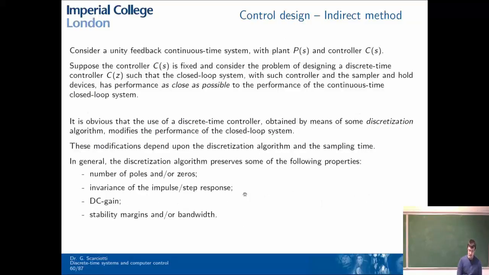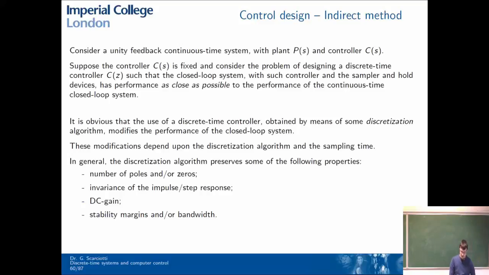So we have to consider obviously that by doing a discretization there will be approximations, and in general these properties are not preserved, okay? So we have to study different types of discretization algorithms, because depending on the algorithm, some of these properties may be preserved and some not.